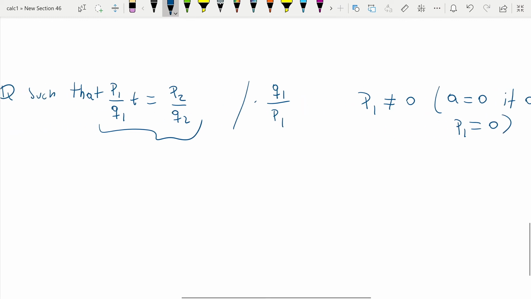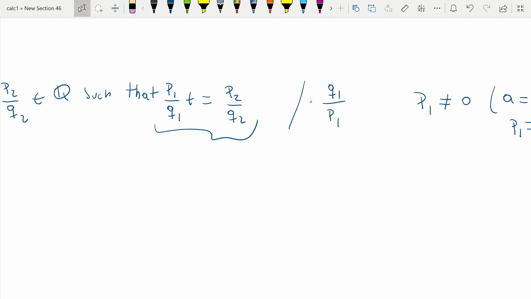And since we're assuming that this is not the case, so say that AT is in I, it's an irrational number as long as A is not equal to 0. So we're trying to show that this is an irrational number provided P1 is not equal to 0.